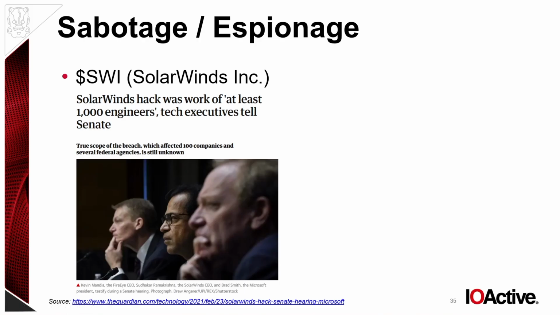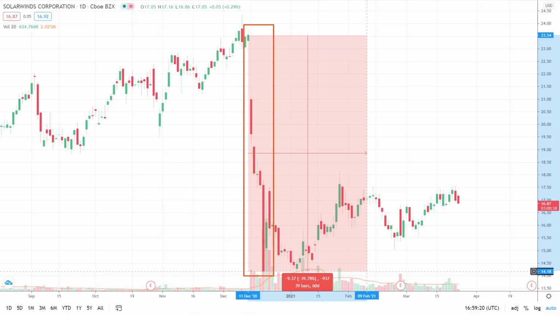Now, if we speak about espionage or things related to national security, we will see the case of SolarWinds. The company fell minus 40%, almost minus 40% in that week.